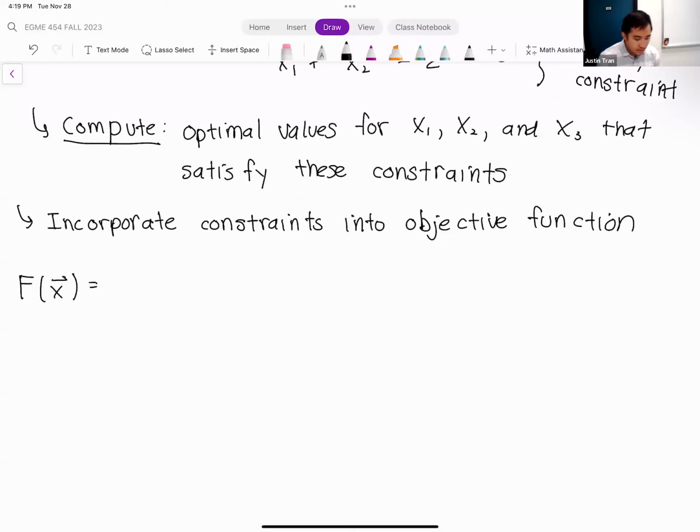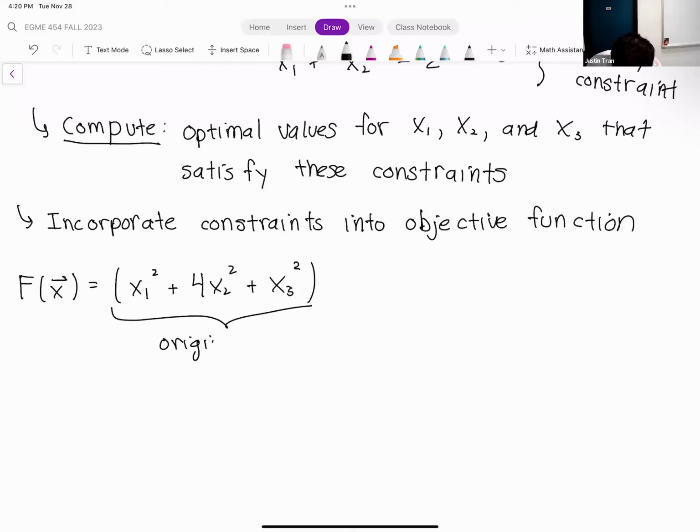This is going to be equal to, first thing we're going to add here is our original objective function: x1 squared plus 4x2 squared plus x3 squared. This right here is our original objective function.